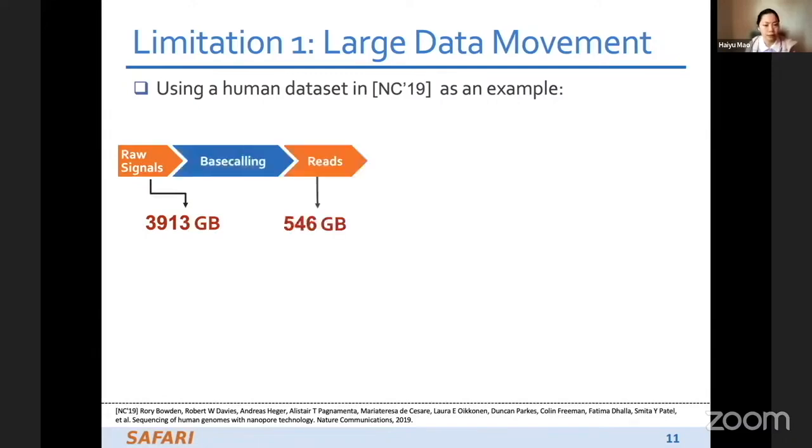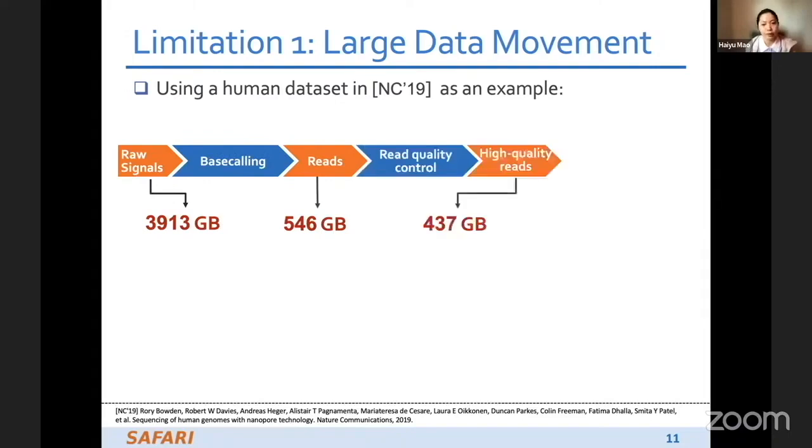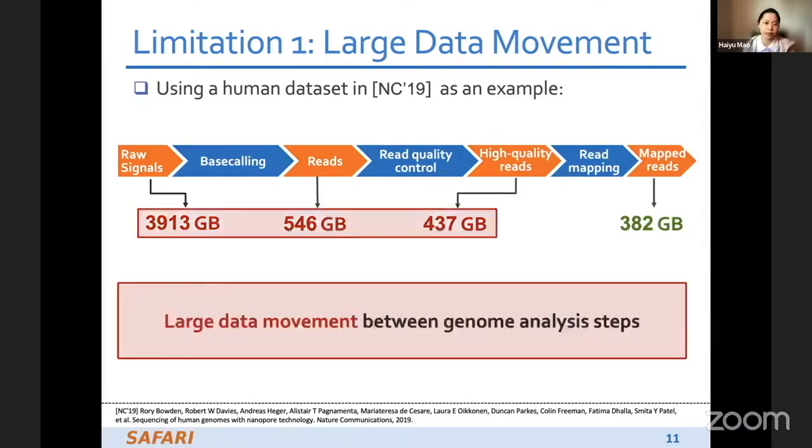After base calling, we still have 500 gigabytes of reads. After read quality control, we still have more than 400 gigabytes of high quality reads. And after read mapping, we need to store the final result. As you can see here, between each analysis step, there are large data movements.